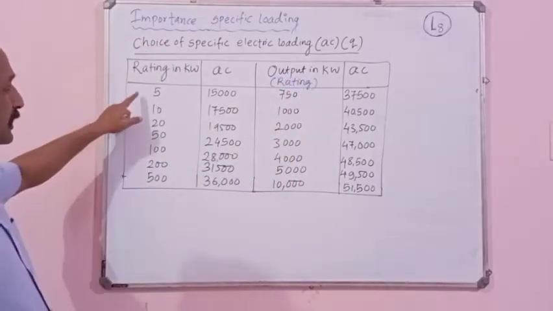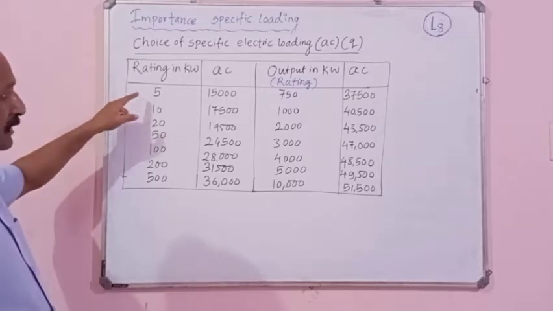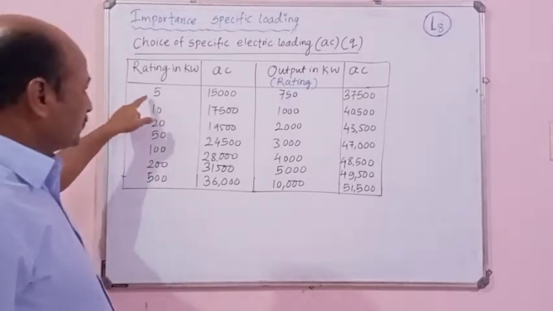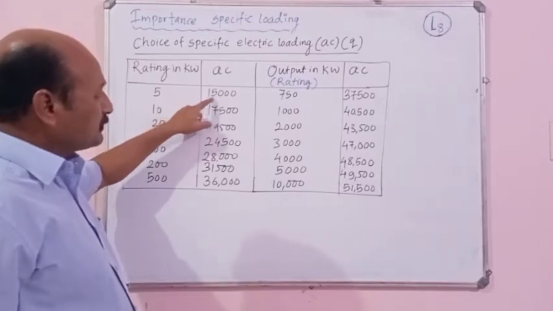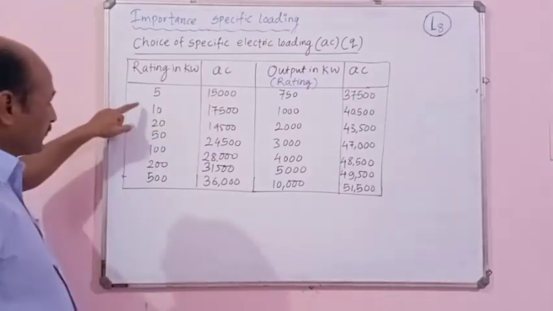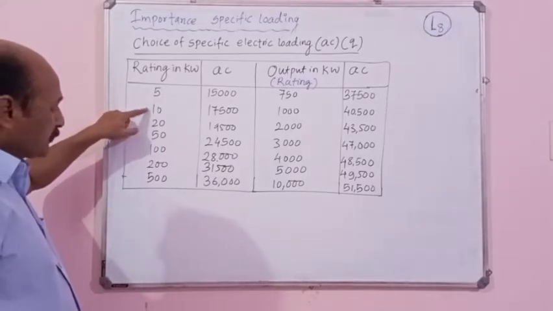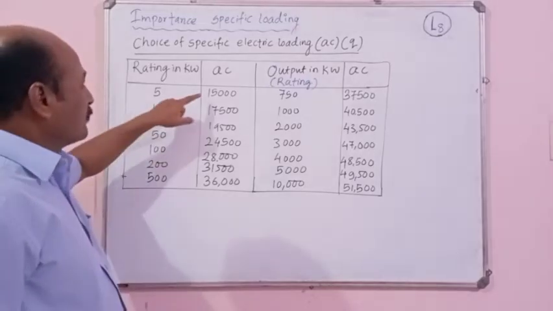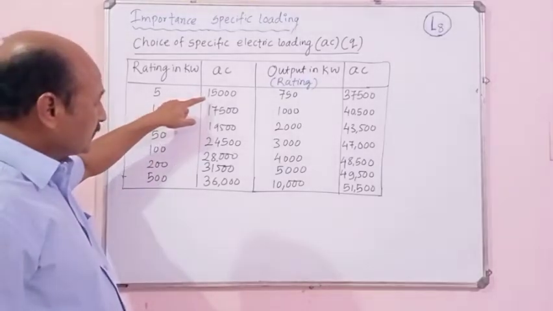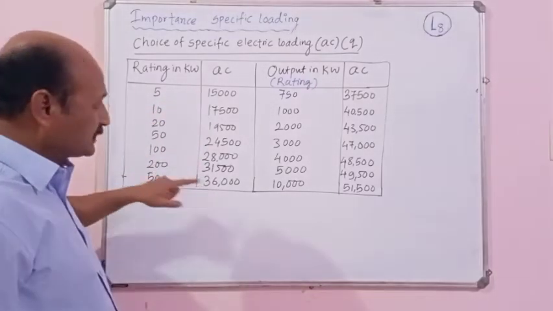So for 5 kilowatt, that is the lowest kilowatt rating of the machine, we have to choose the specific electric loading of 15,000. So in this way, with ratings of 10 kilowatt, 20, 50, 100, 200 and 500, the value of specific electric loading increases from 15,000 to 36,000.